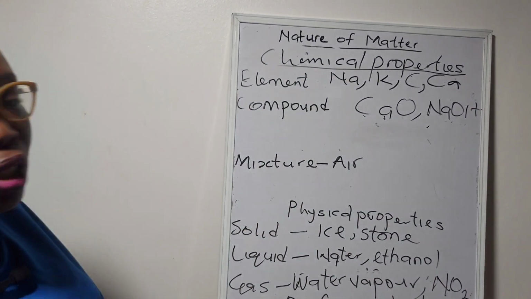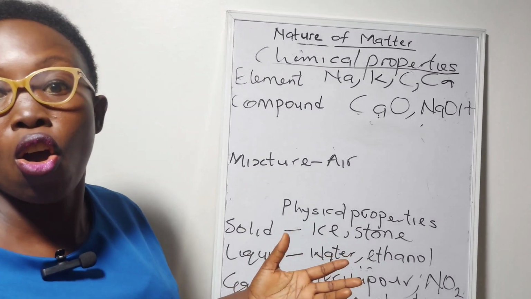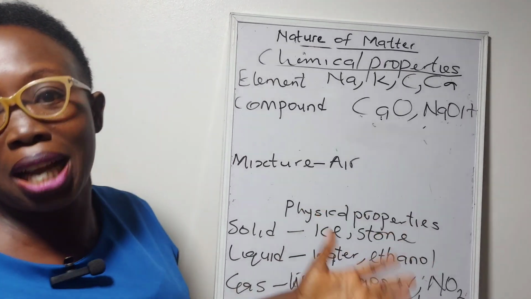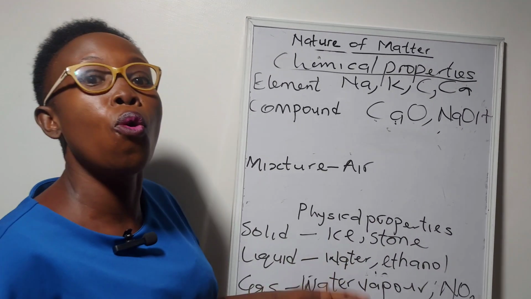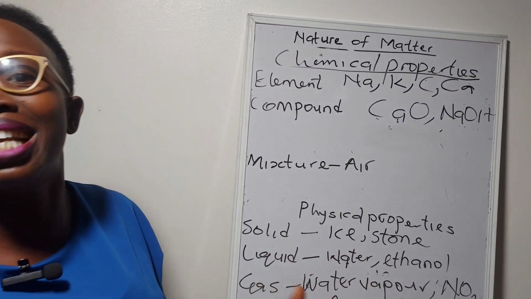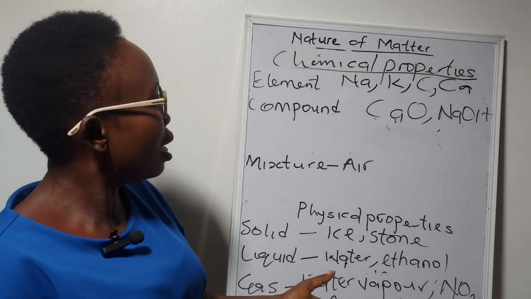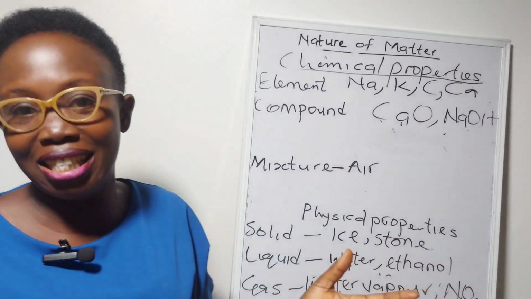Let's talk about mixture. It's just a mixture of two or more substances in a physical mix, which can be separated in a mechanical way. That is a mixture, like air. Air is a mixture of gases.